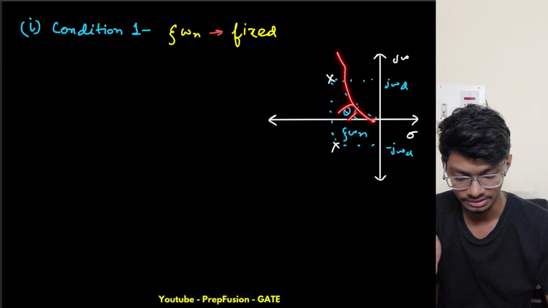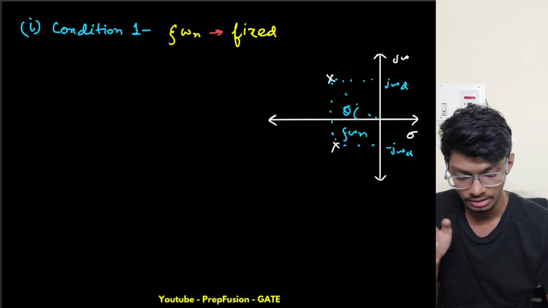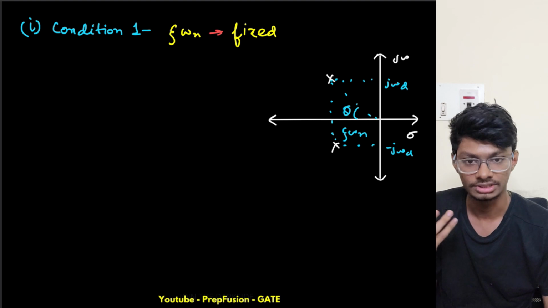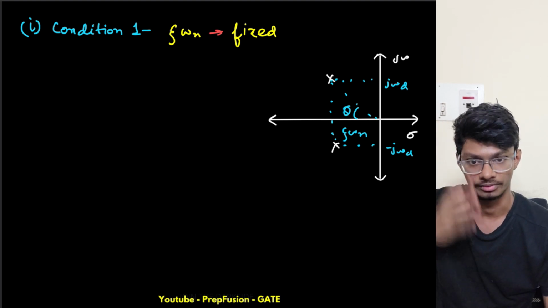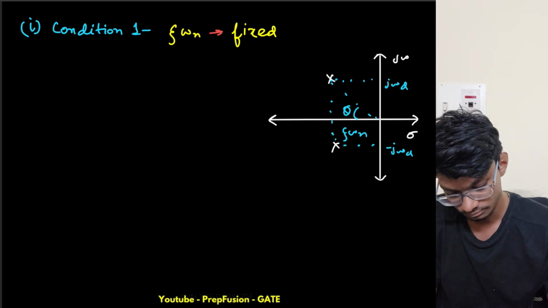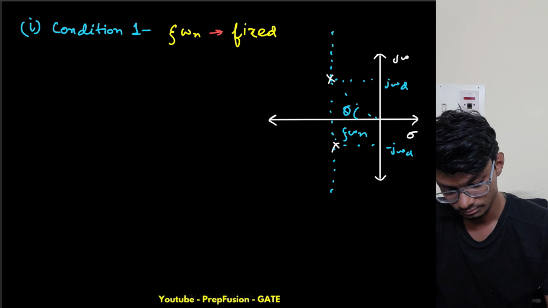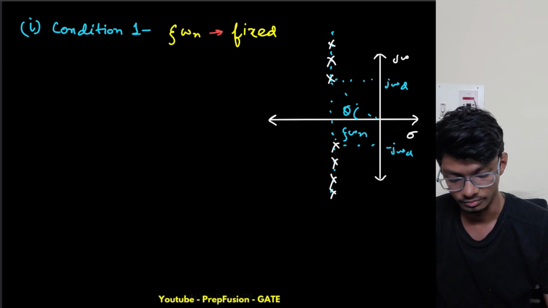My angle will keep on increasing, and my height will keep on increasing. So what is happening? I am doing a vertical movement of poles, right? So this is known as the vertical movement of poles.